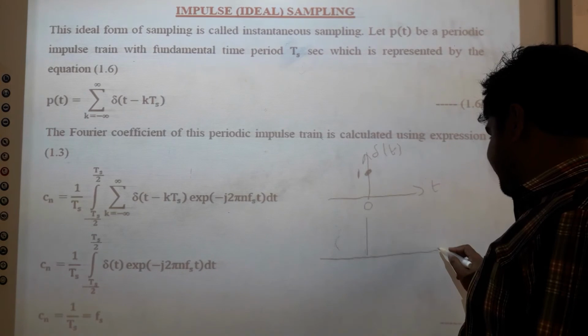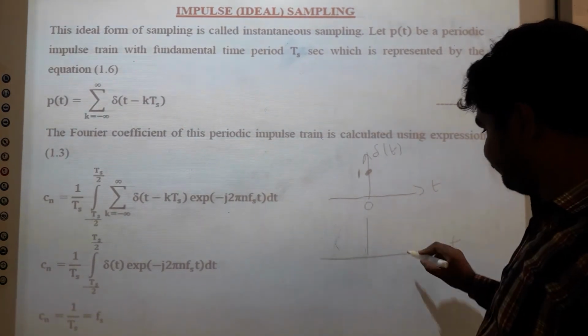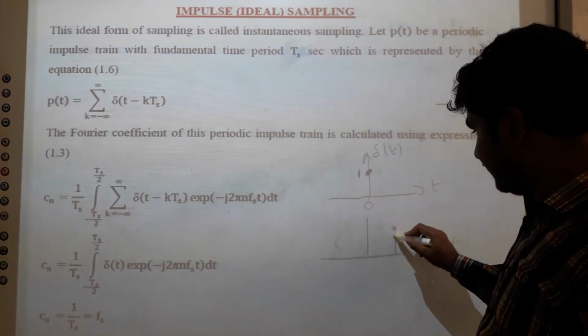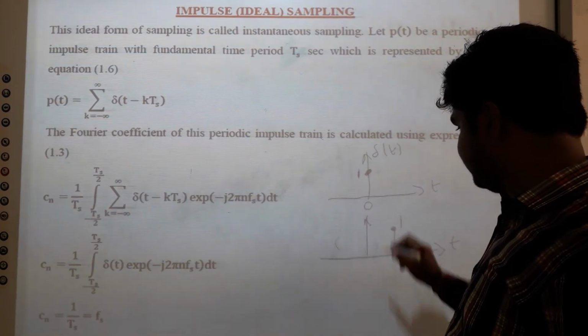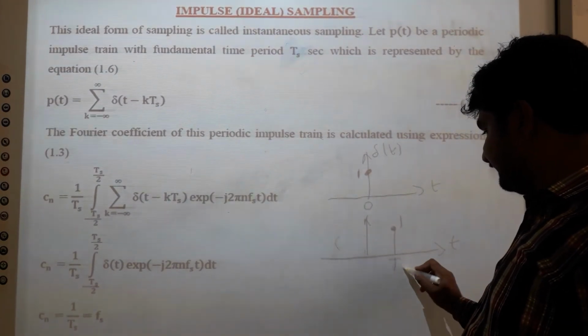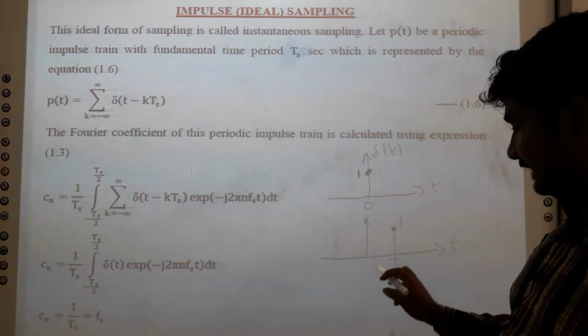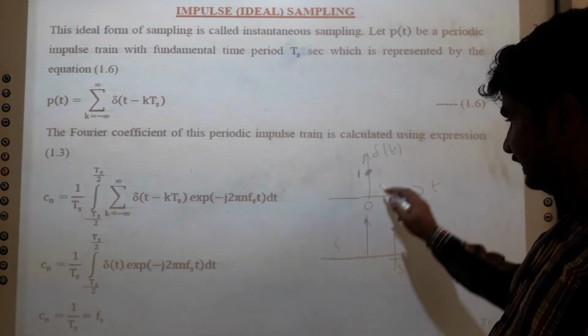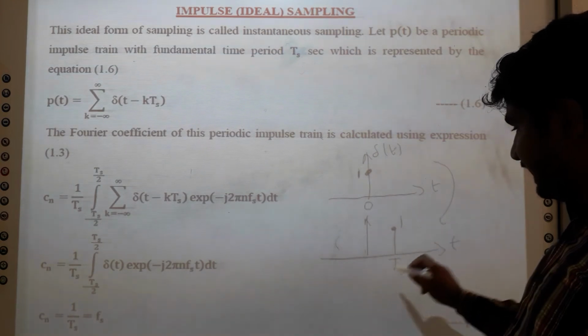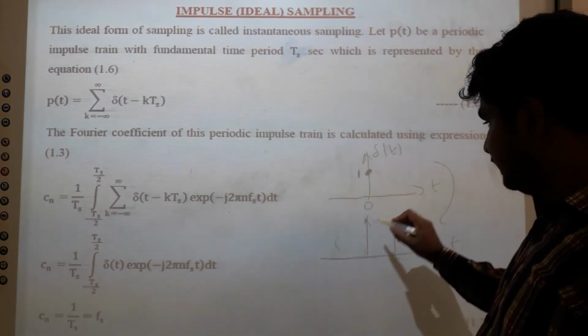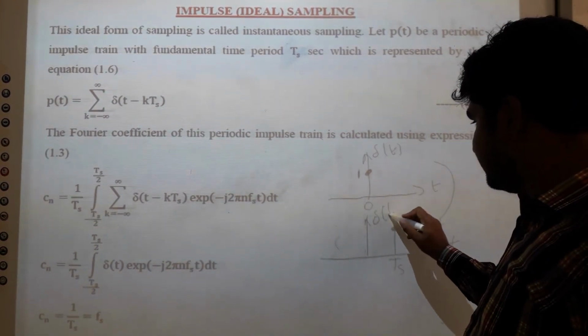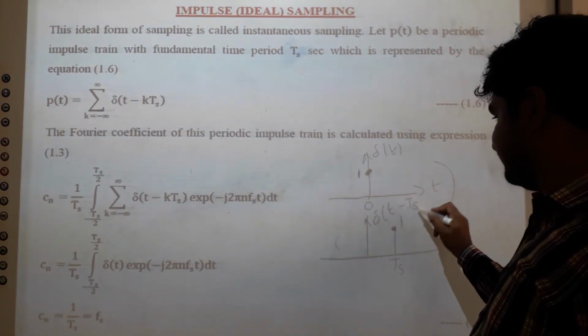So I am drawing another impulse which is having an amplitude of 1 at time t is equal to Ts. So this is nothing but the impulse signal delayed for a time of Ts seconds. I am writing the expression as del of t minus Ts.